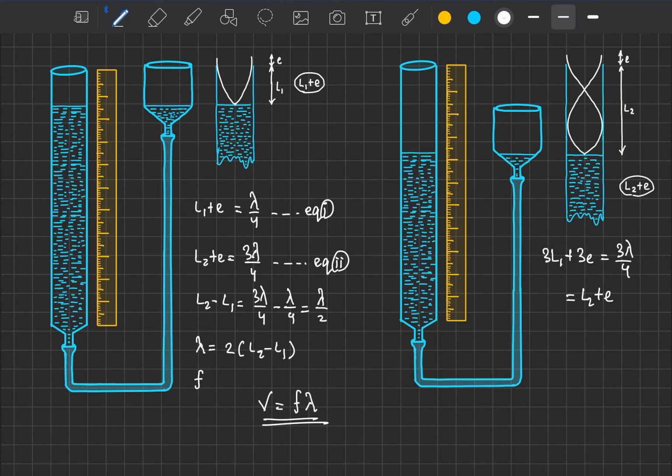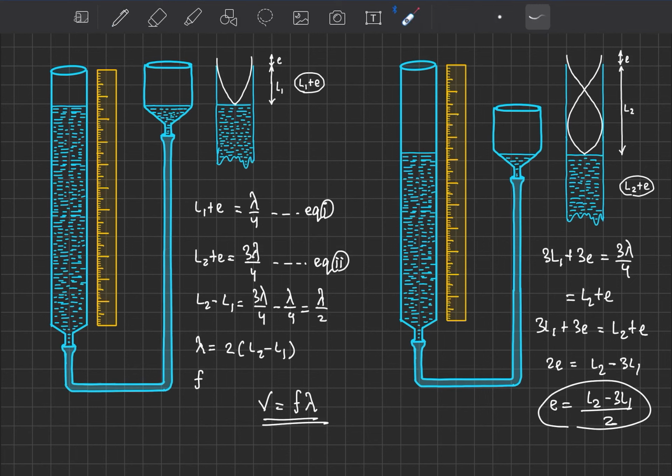So 3L1 plus 3E equals L2 plus E, or 2E equals L2 minus 3L1, or end correction E equals (L2 minus 3L1) by 2.